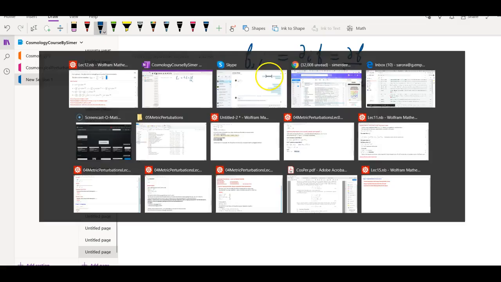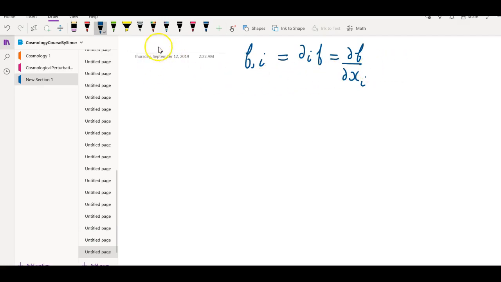Index notation in K space. K space means Fourier space. So how would this look in Fourier space?